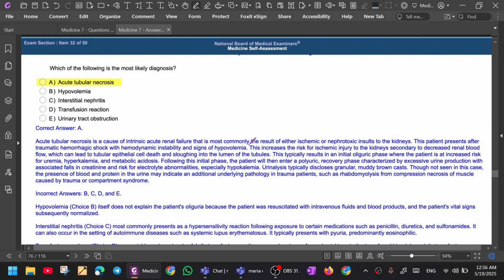In renal, urine osmolarity should be less than 350 and urine sodium more than 40, FeNa more than 2%, and BUN to creatinine ratio less than 50. These things we need to remember.